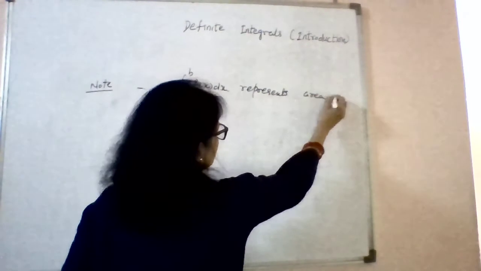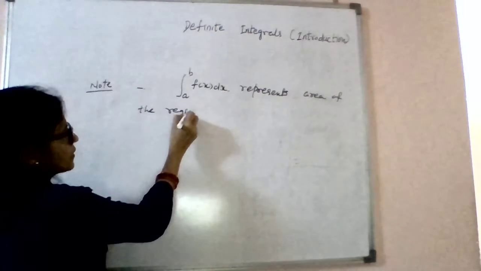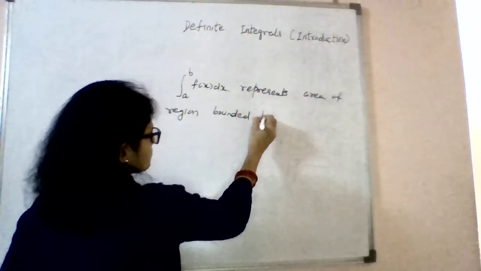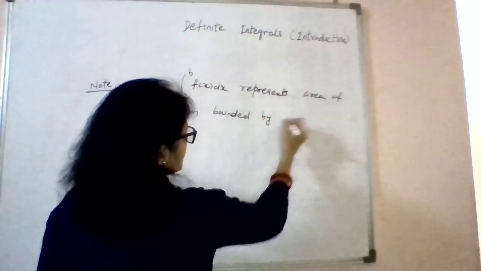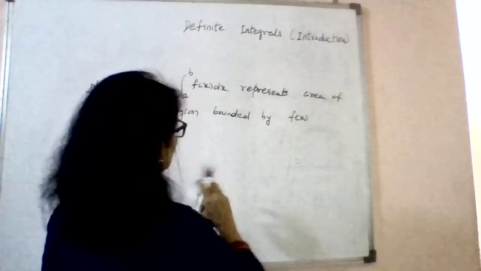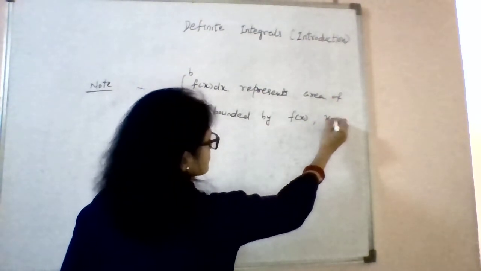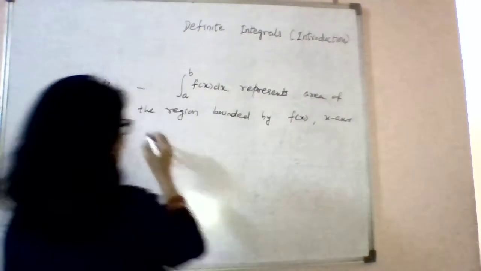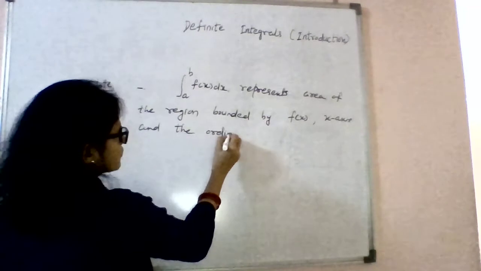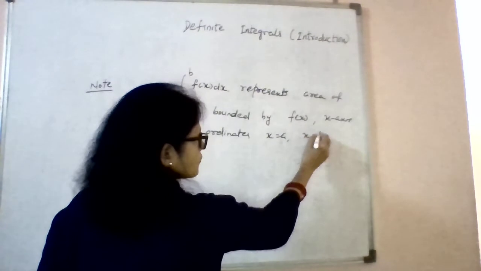Area of the region bounded by the curve f(x), x-axis, and the ordinates x equal to a, x equal to b.